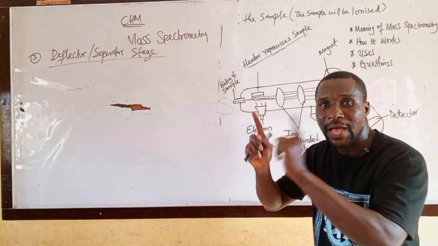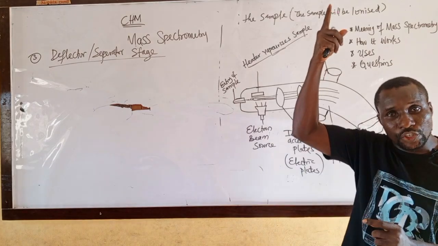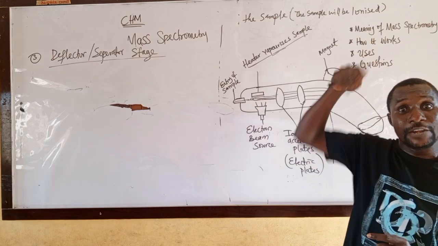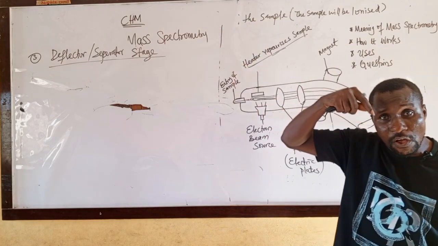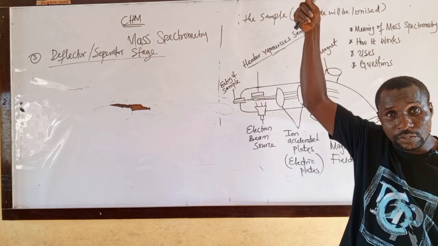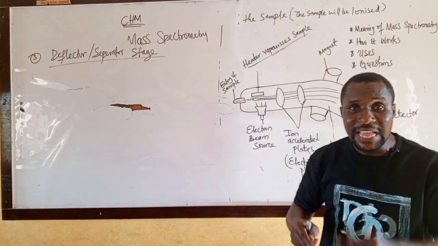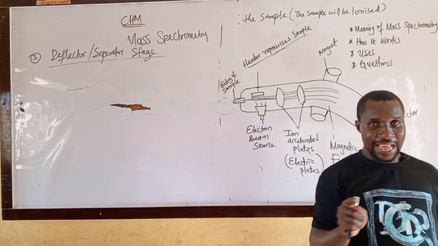More. Another thing. The ions that have more charge, maybe +2, +3, will be deflected more. Take note. I will write it down. The ions that have more charge, maybe +2, +3, will be deflected more. And the ion that has less charge, +1, will be deflected less.